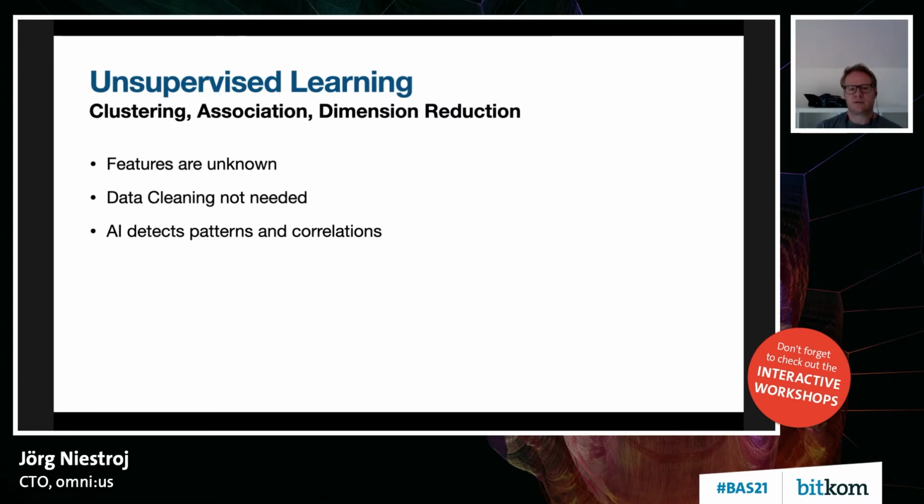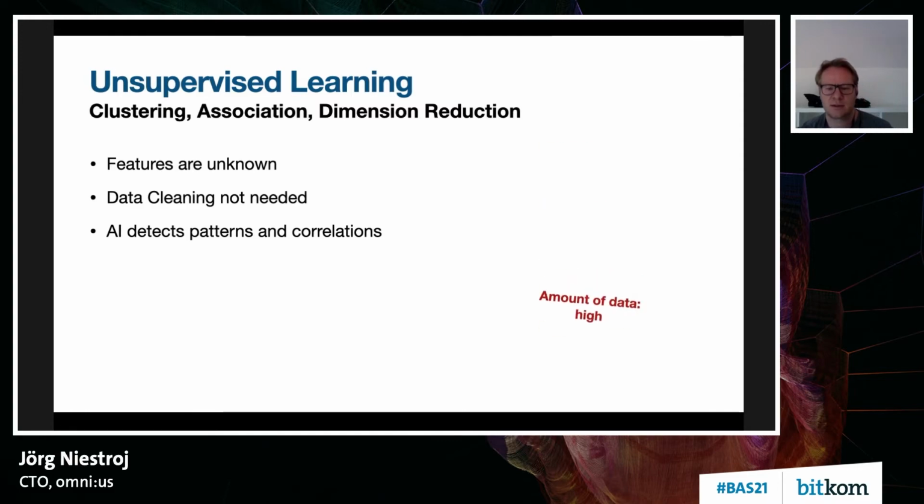If your problem is to cluster things without knowing the classes, or if you want to find correlations and rules in your data, or if you want to reduce dimensions, for example, so the output from this can be the input for a classification to reduce some noise or to focus on really important features. Then you choose that unsupervised learning, and you need a lot of data to do that.